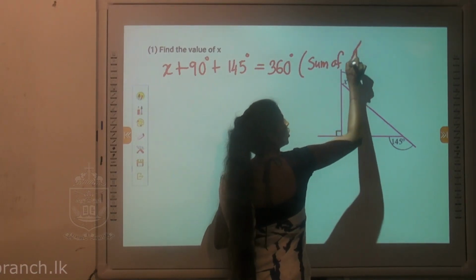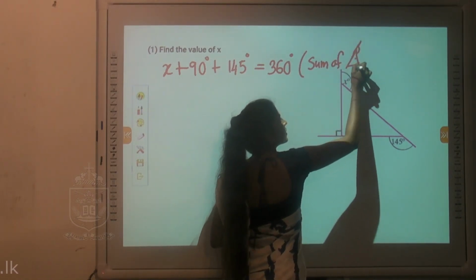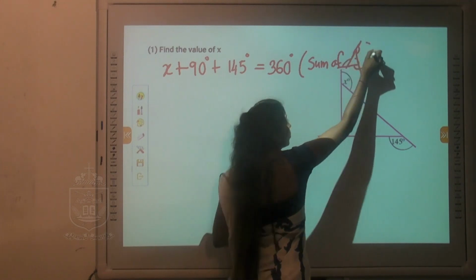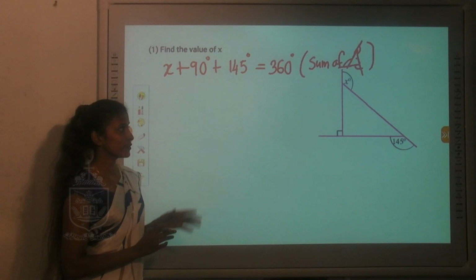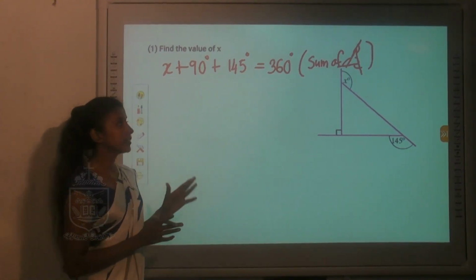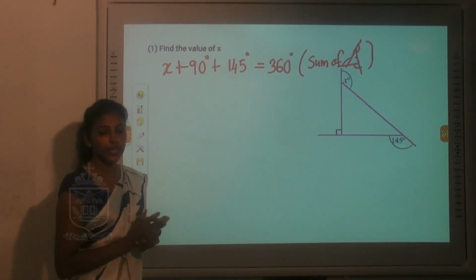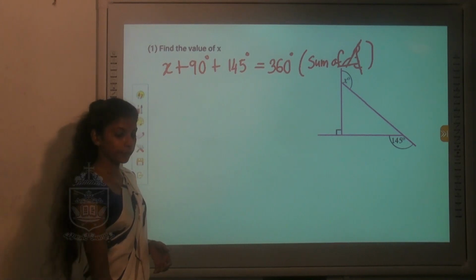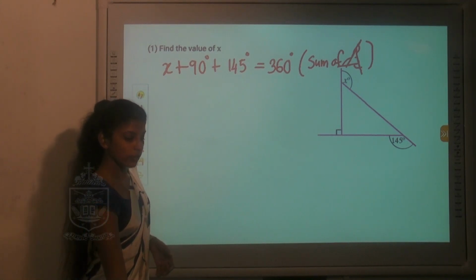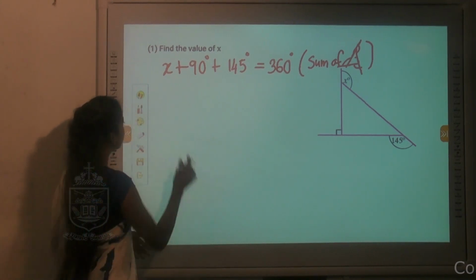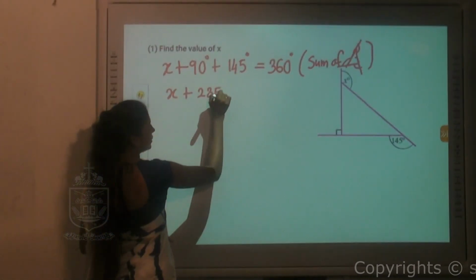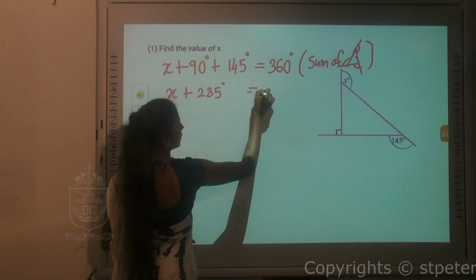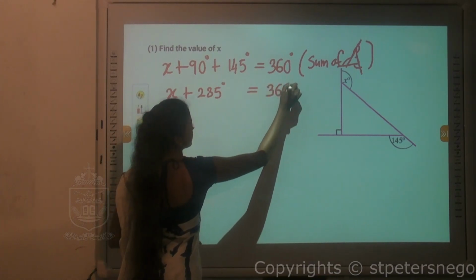You can denote the exterior angles like this, or else you all can write it in written form. So I wrote it in short diagrammatically. So you have to add this, right? Let's add it. Okay, once you add this, you will get x plus 235 degrees equals 360 degrees.